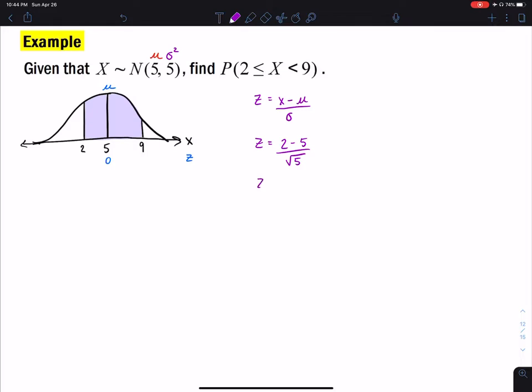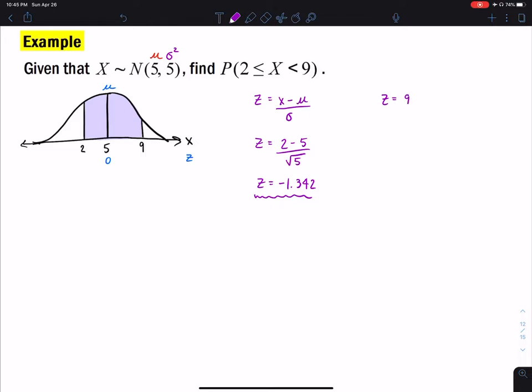Now, if you type this into your calculator, don't worry that you have a square root on the bottom. We don't rationalize it. We get a z-score of negative 1.342. That is important, so I'm going to keep it there. We also want to do the exact same thing for 9.